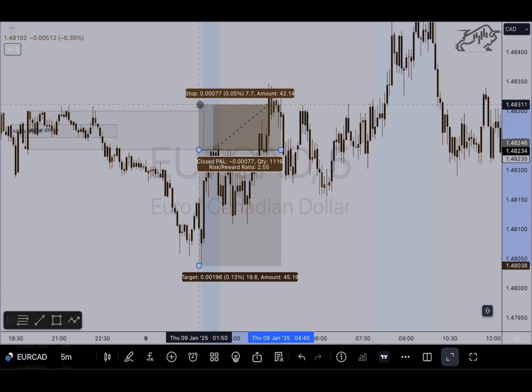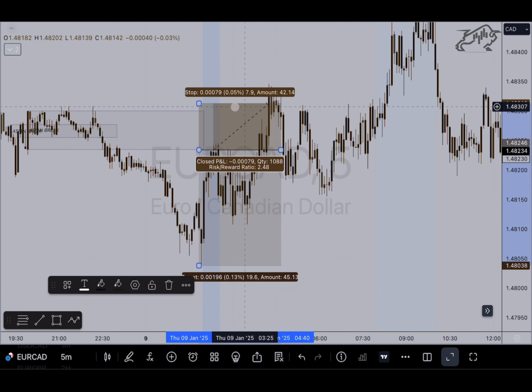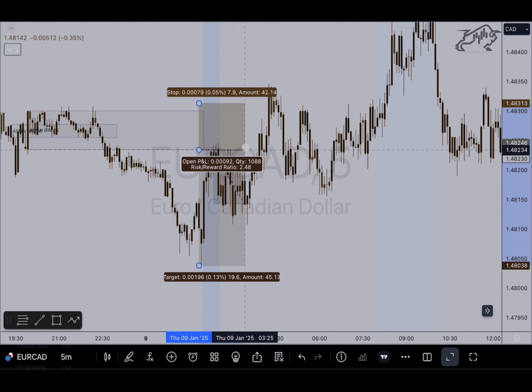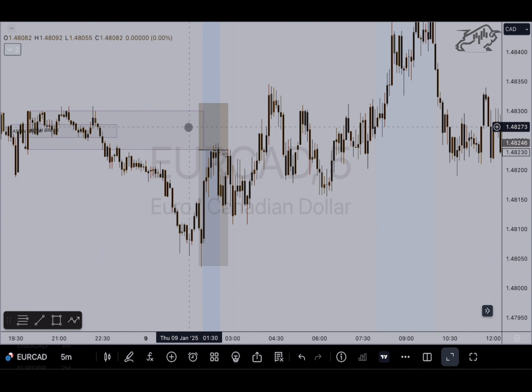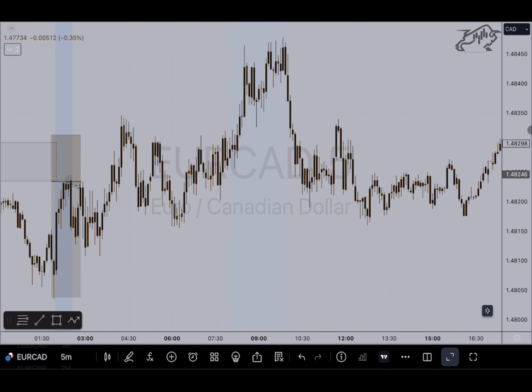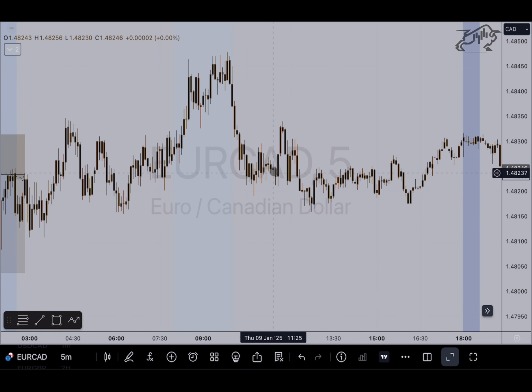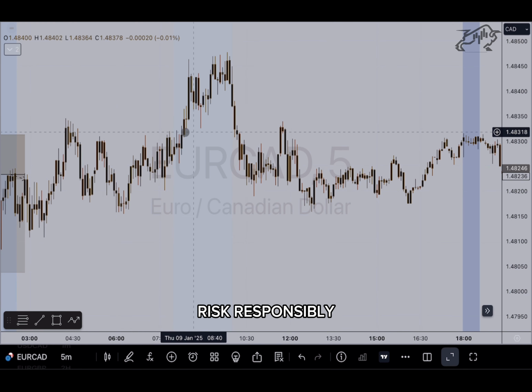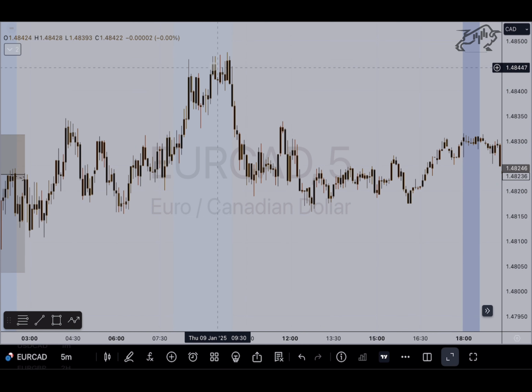And this is the risk that I am taking. This is how much I am willing to bet to find out if it is a one touch level or not. And the market is telling me that no, not this level, not right now. That is okay. I risked responsibly, you guys. Okay. And I am waiting for the next level to form. These happen many times a day, so I am not worried if that one was not it.